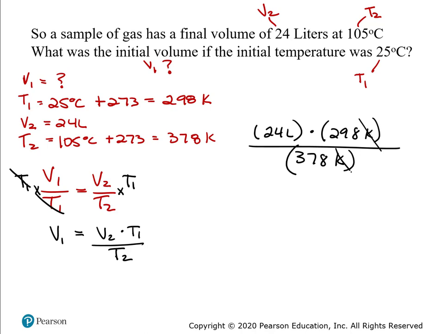So 24 times 298 divided by 378 comes out with a whole bunch of numbers: 18.92063492 liters. So put it in your calculator and make sure that you get that. Remember, you just multiply everything across the top, divide by each thing in the bottom.